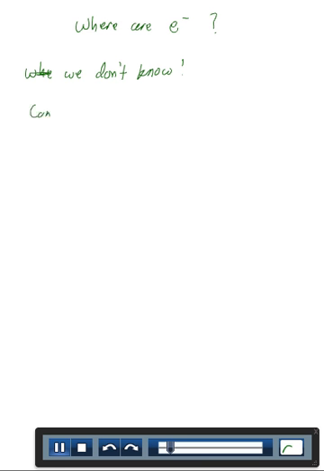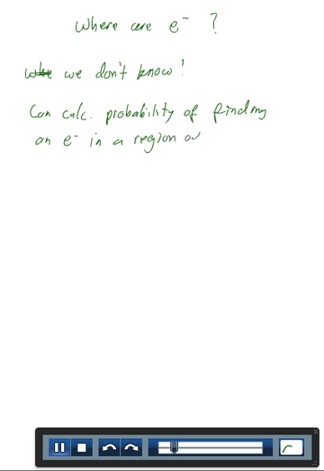We can calculate the probability of finding an electron in a certain region of space that we're interested in. That's all we can say.